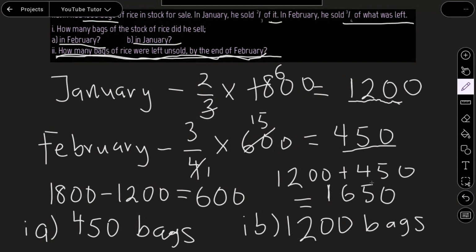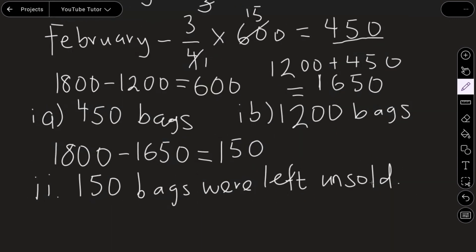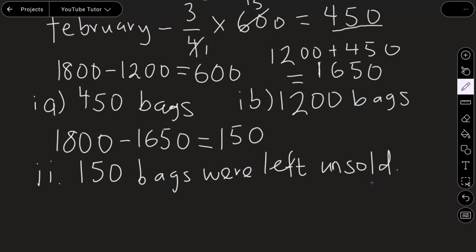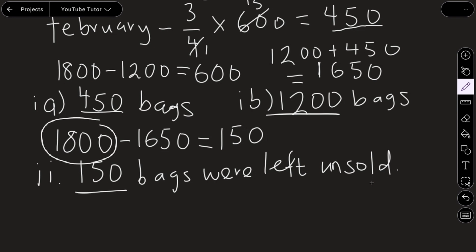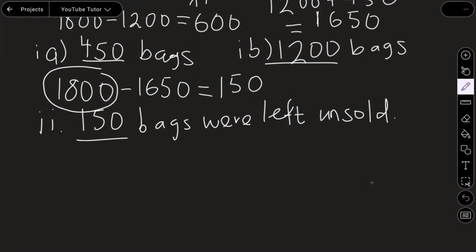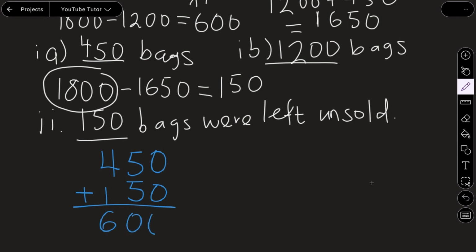Okay, so to confirm whatever I've done here, we are going to add all these figures, 450, 1200, and 150. If we get this value, then that means we are right. So let me just change the color of our pen. We do that calculation very quick. We have 450 plus 150. When you enter it into your calculator, you see that the answer will be 600.